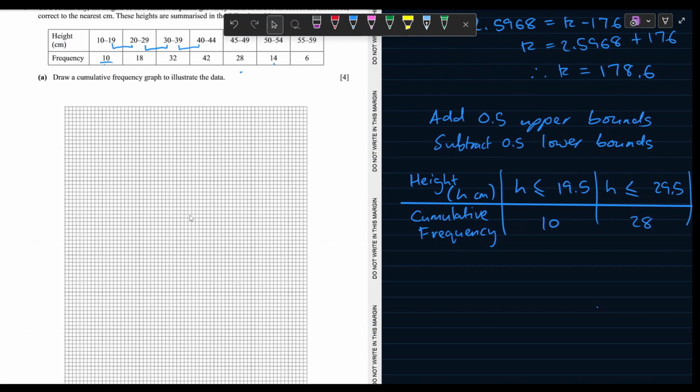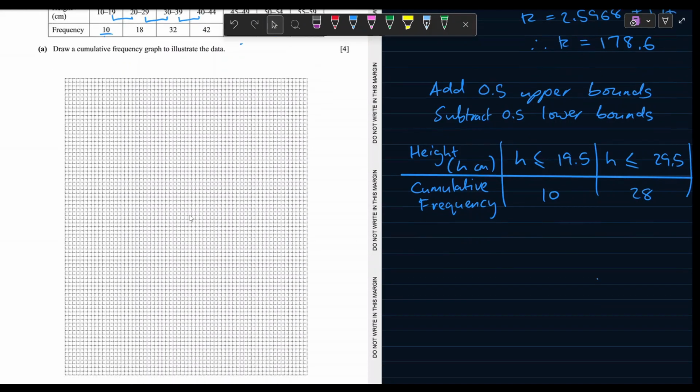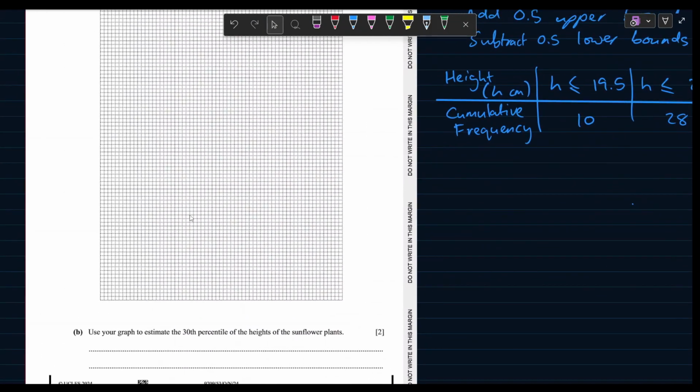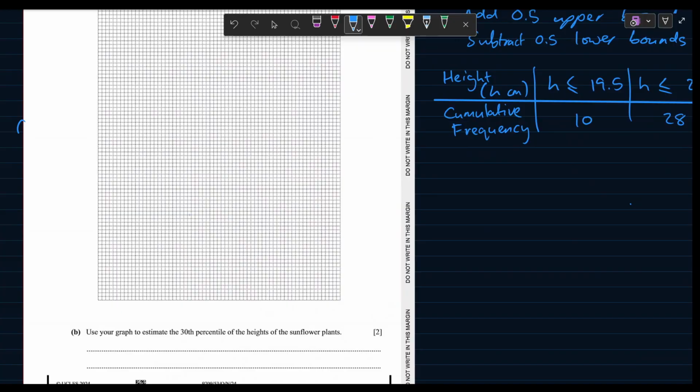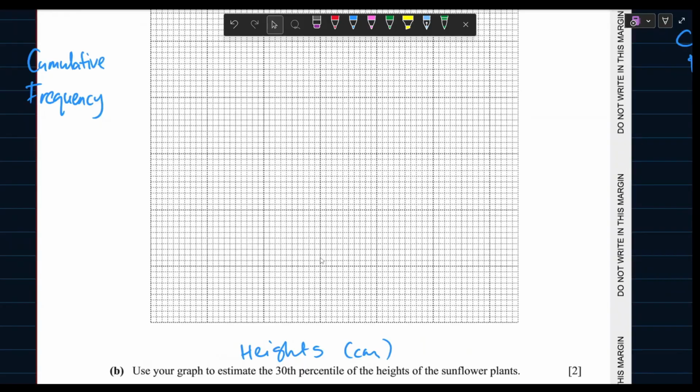our cumulative frequency graph. We need to figure out what our scales are. On the y-axis, we're going to have our cumulative frequency, and on the x-axis, we're going to have our heights, and these are in centimeters. For the cumulative frequency, let's count how many boxes we have.